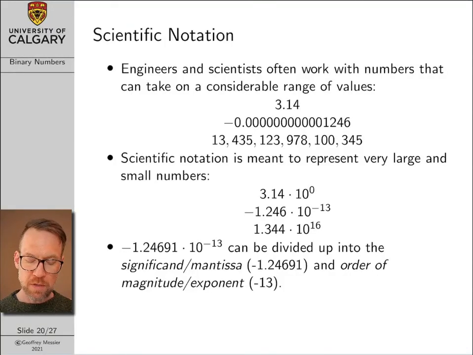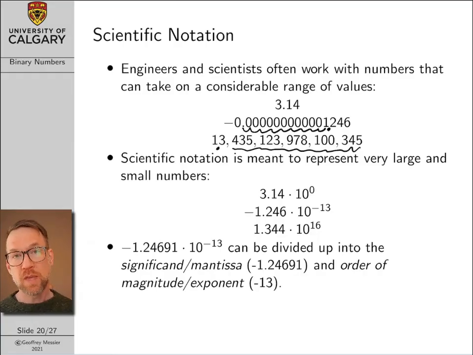Remember, for scientific notation, we always hop our decimal so that we have a single non-zero digit to the left of our decimal point. Same thing here. We hop it all the way along. And so we have 1.34 times 10 to the something and 1.246 times 10 to the something. We do exactly the same thing with floating point numbers.